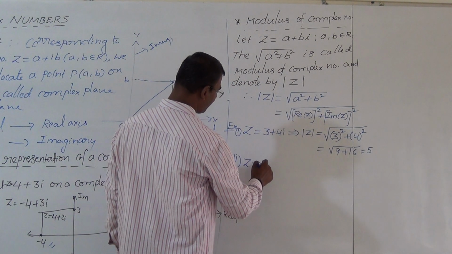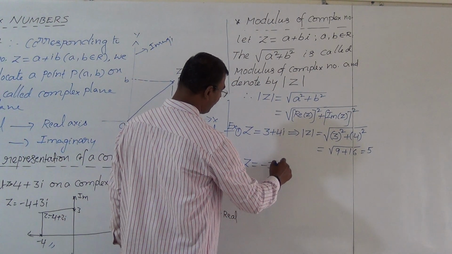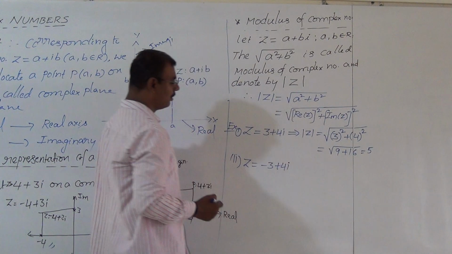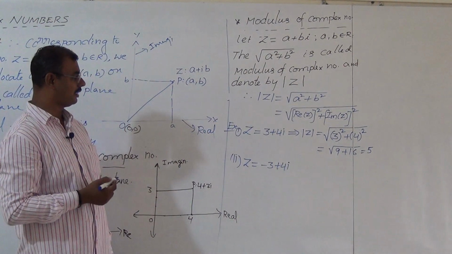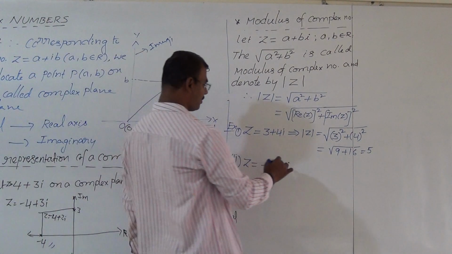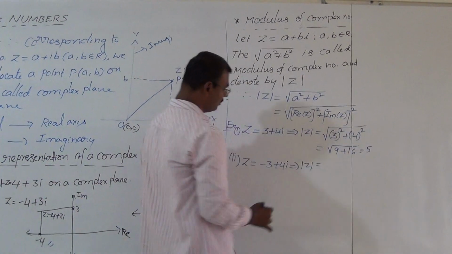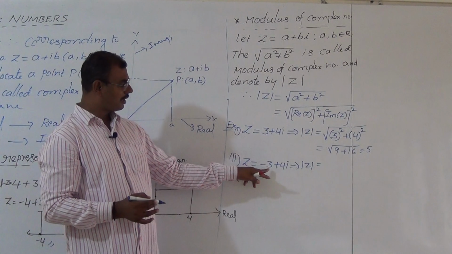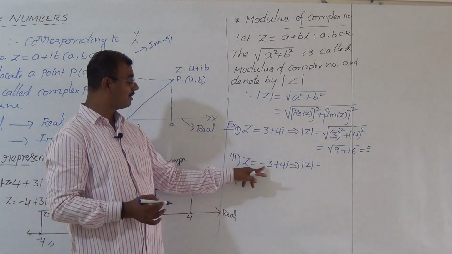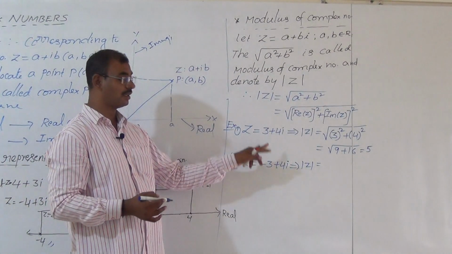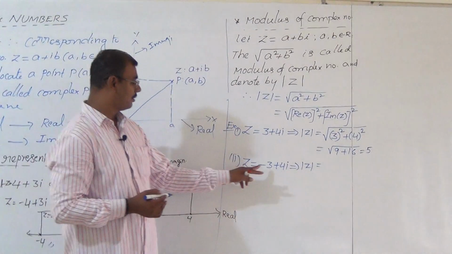If I take z is equal to minus 3 plus 4 iota, find the modulus of z. This implies mod of z is equal to, what is the real part? The real part, taken with its sign, signs are very important, is minus 3.